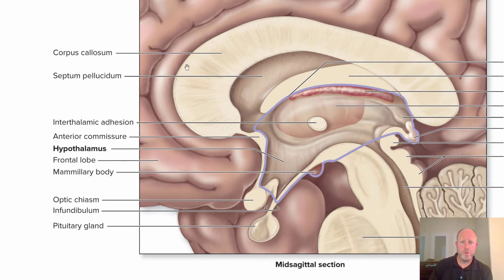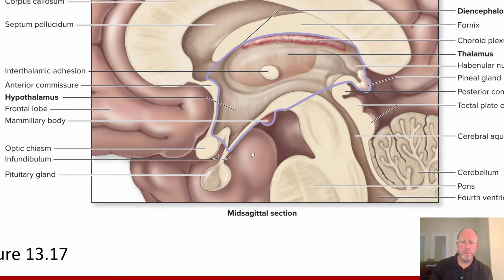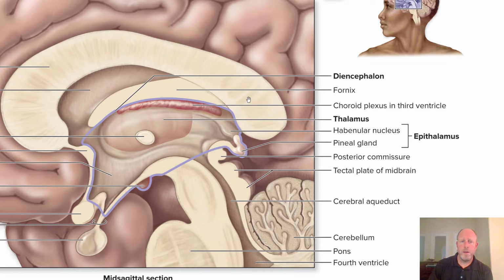So here we have the corpus callosum, our septum pellucidum. We have our interthalamic adhesion, which is here. We have our anterior commissure, our hypothalamus, our frontal lobe. We have our mammillary body here, our optic chiasm, our infundibulum, which is actually here, and our pituitary gland. And then we have our diencephalon here, this whole section here.